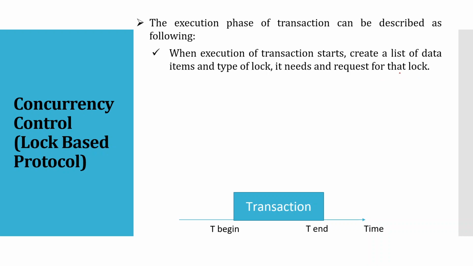So whenever the transaction starts, first we need to make one list. That list will have an A part and a B part. The A part will have all the values or data items that this transaction requires for its execution.